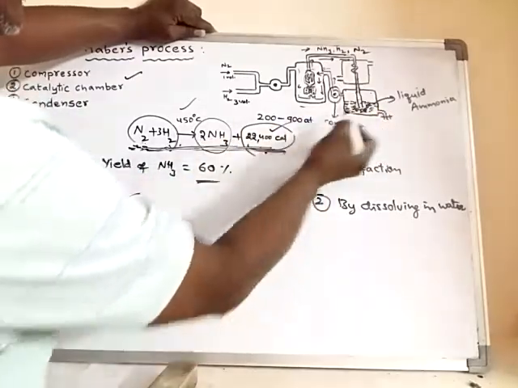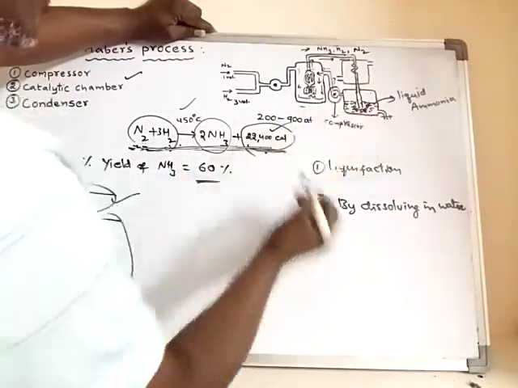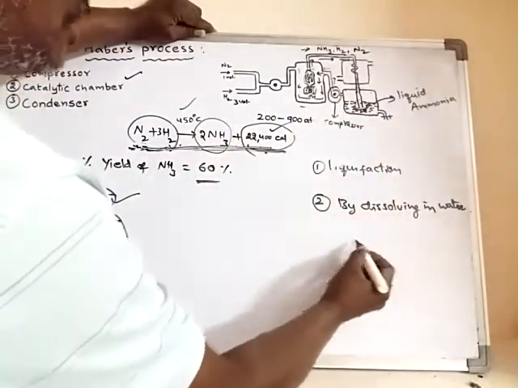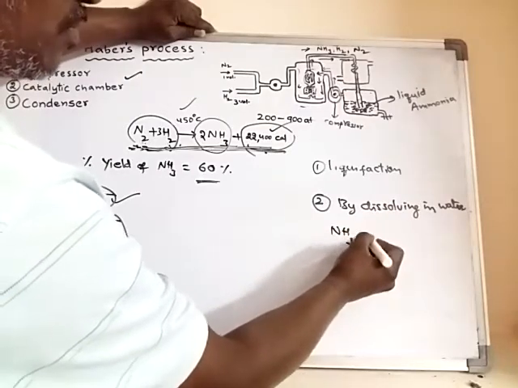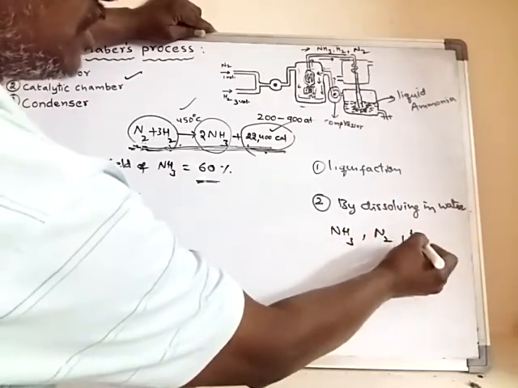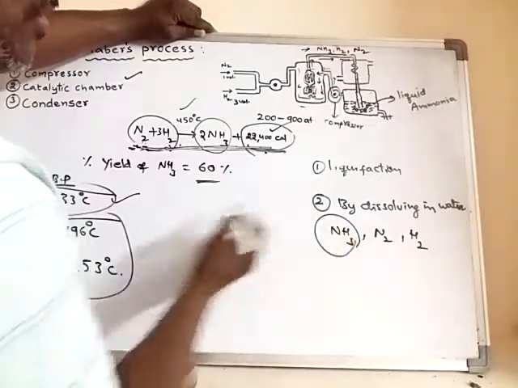In this process what happens? That gaseous mixture contains ammonia, nitrogen and hydrogen. So only ammonia will dissolve.